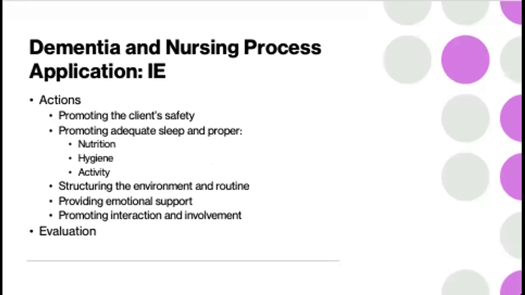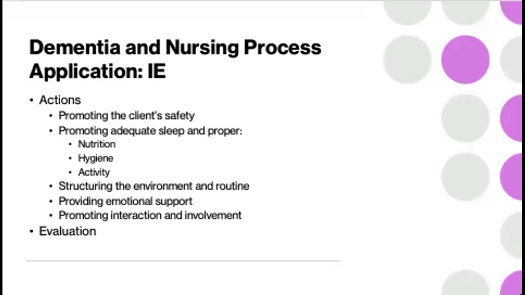So they might need supervision of cooking, supervision of bathing, help with self-care activities. We want to identify environmental triggers so that we can help them avoid getting hurt. We want to make sure that if we're allowing them to do stuff, we're providing single-step instructions to keep them safe. We want to make sure that we're promoting adequate sleep, proper nutrition, and hygiene.